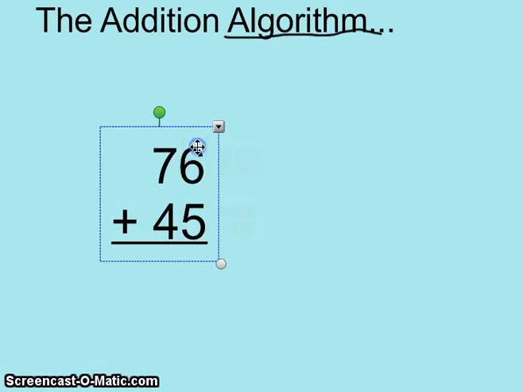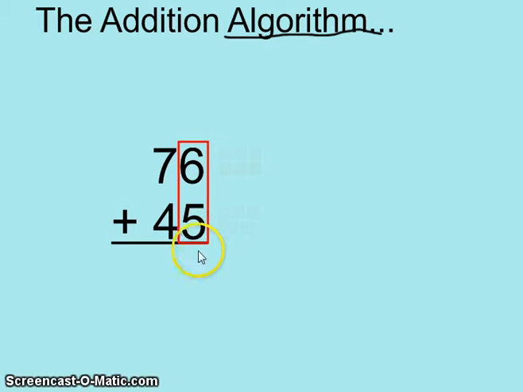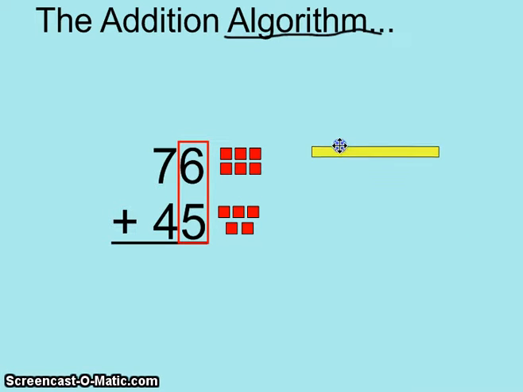When I look at this problem and I focus on my ones place, I see that I have 6 plus 5. That's 6 units and 5 units. Well, 6 plus 5 is 11. That's more than 10. So I have to think about that as being 1 rod and only 1 unit.